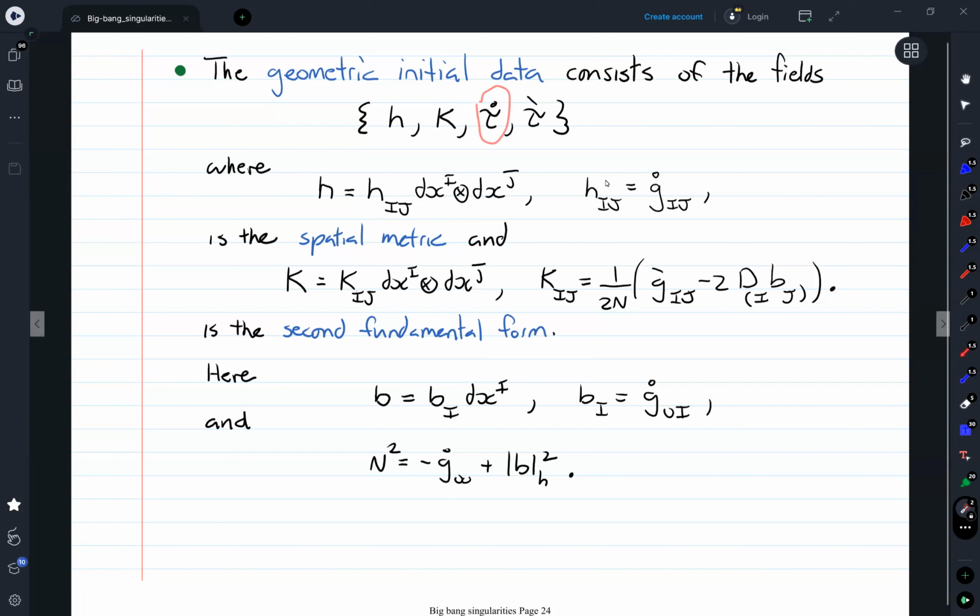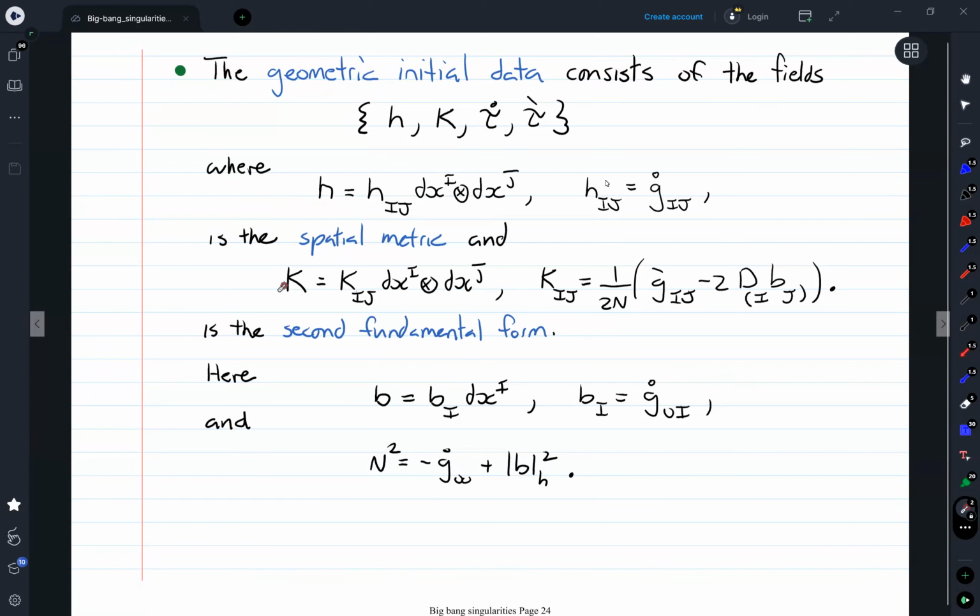Okay, so I have the scalar field on the initial hypersurface, its time derivative on the initial hypersurface, and then what else is important turns out to be this 3 metric. So this h is a 3 metric on the initial hypersurface that you obtain by just restricting the conformal metric to the hypersurface by pulling it back or just taking the spatial components.